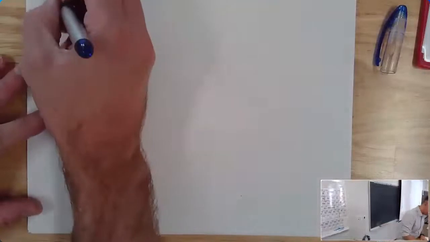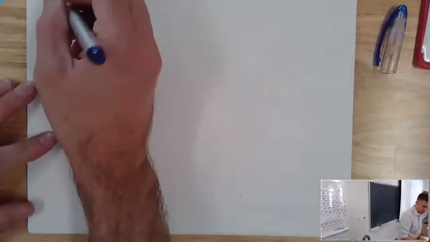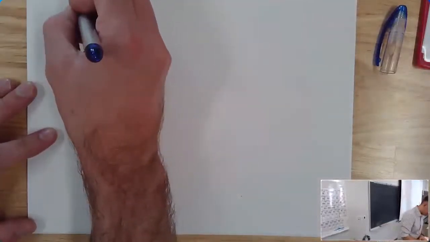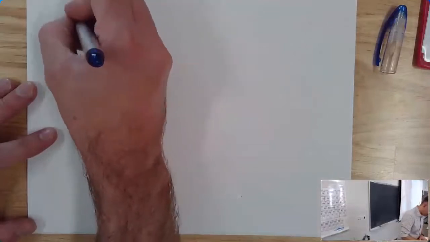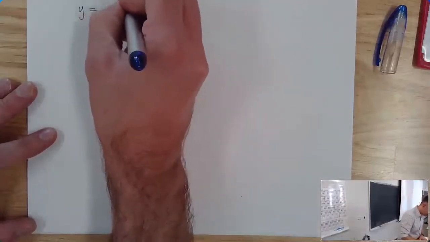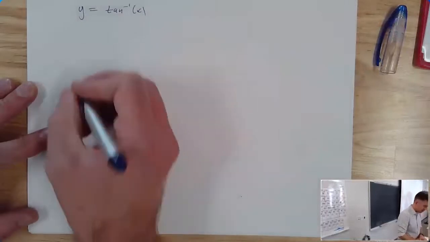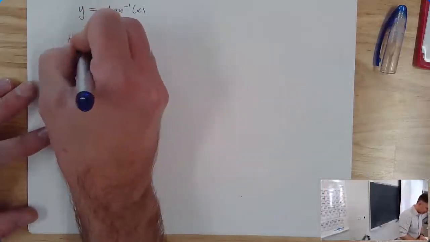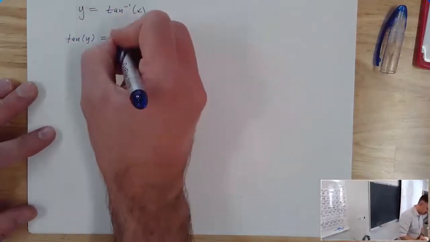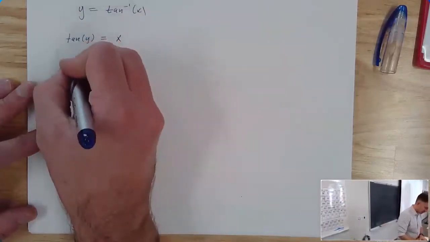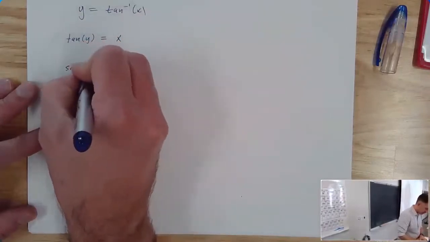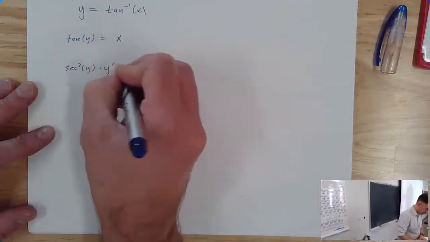I would encourage all of you, when you have a moment, to do the same sort of thing for tangent. Not right now, because we're going to finally do the other thing I said. But if you wanted to find the derivative of, say, y equal to the inverse tangent of x, you can do the same thing. You could write tangent of y equal to x and then differentiate both sides and get secant squared of y times y prime equal to 1.